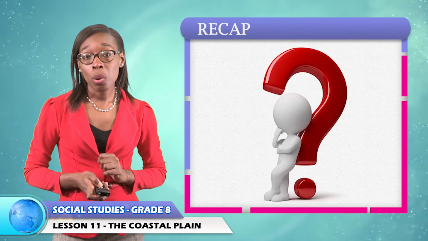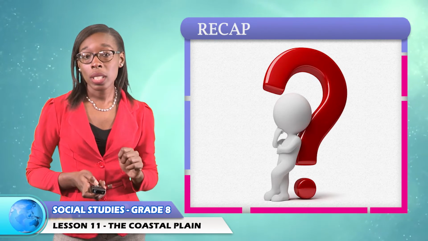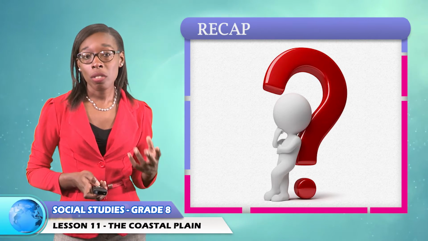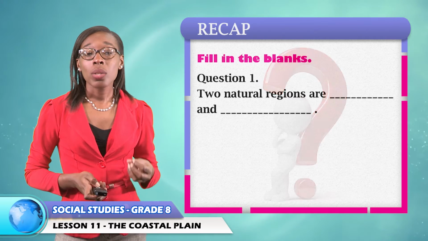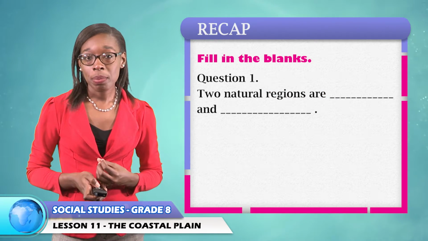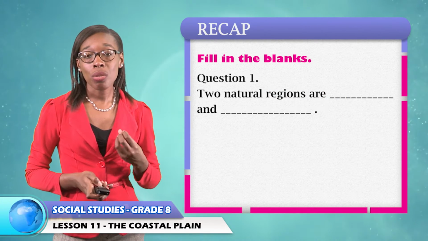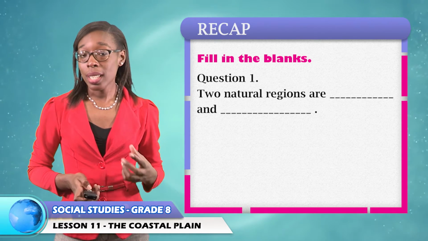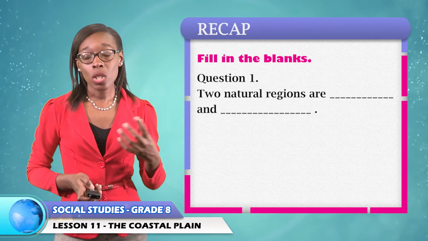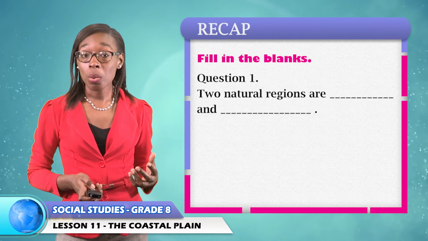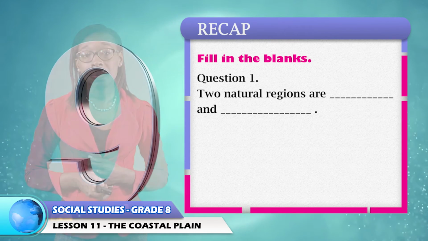So here are a few questions for you. This is a fill in the blank, so select the correct answers. Two natural regions are. We did list them the last time we met, and so we would just like for you to identify two of the natural regions.